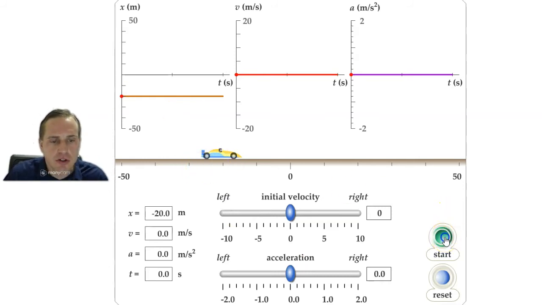Notice that if we just start, the race car is starting at negative 20 meters, and that's its initial position. Note the center of the race car is at negative 20 meters on this horizontal x-axis. And notice the velocity stays zero, the acceleration stays zero as well, as a function of time. Note x is in meters, velocity is in meters per second, acceleration is in meters per second squared.